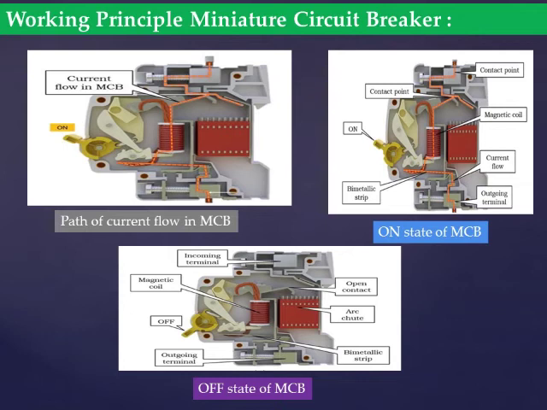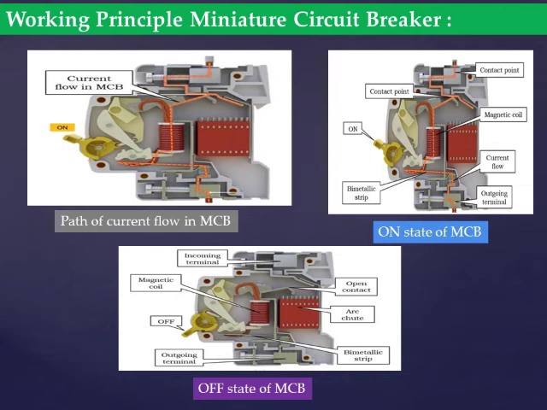The bimetallic strip is heated and deflected by bending. This deflection releases a mechanical latch. As this mechanical latch is attached to the operating mechanism, it causes the miniature circuit breaker's contacts to open.